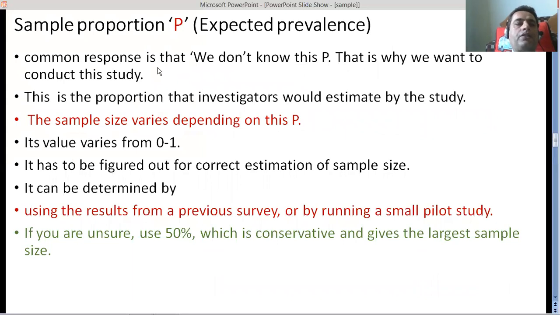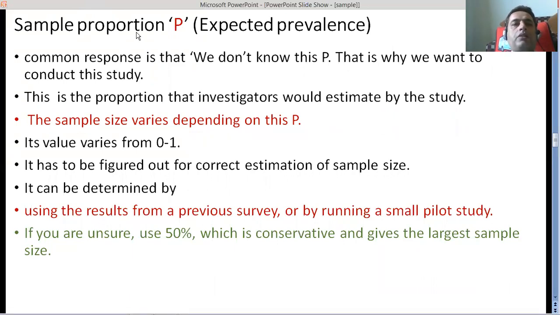Similarly, now we discuss other terms like the sample proportion. We represent it by P. We also call it expected prevalence, so you can also write it as P-exp, or expected prevalence of a condition or a disease.